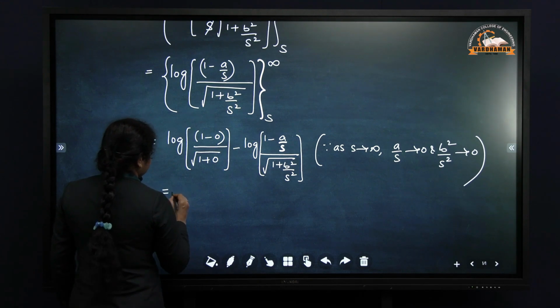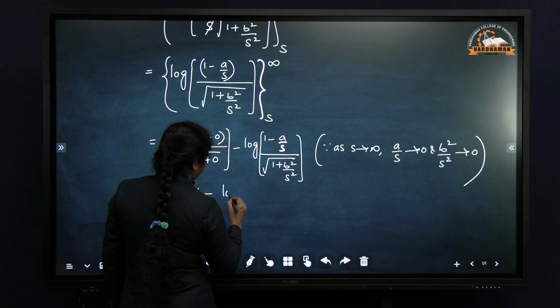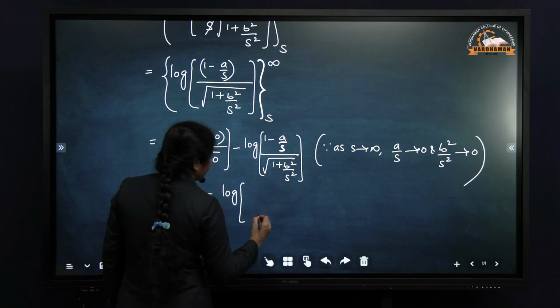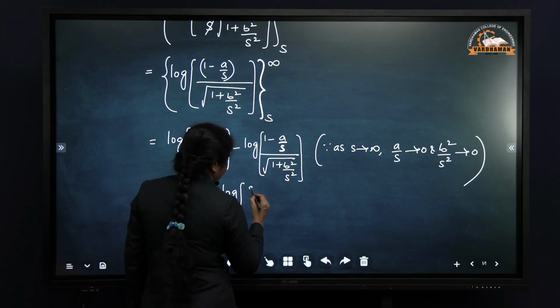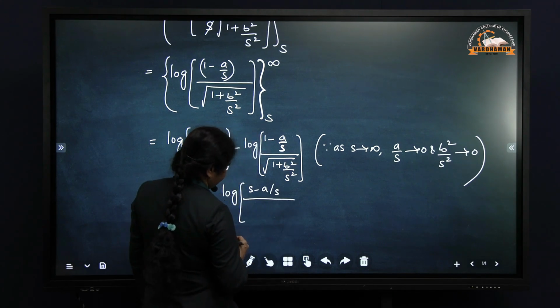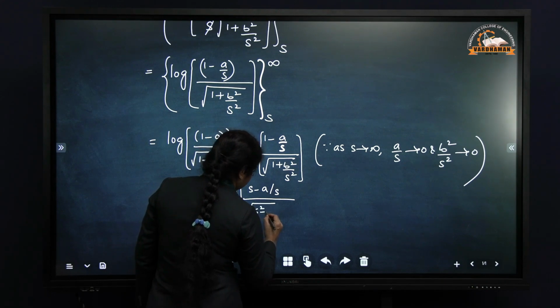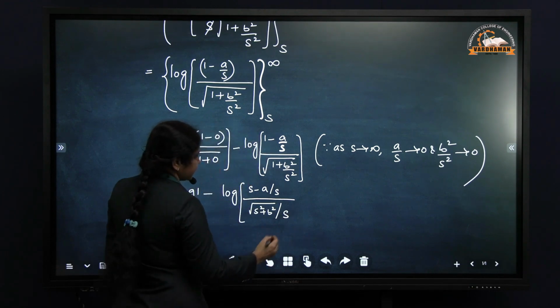So this gives the result log 1 minus log of s minus a by s divided by the square root of s square plus b square by root over s square, which gives s.